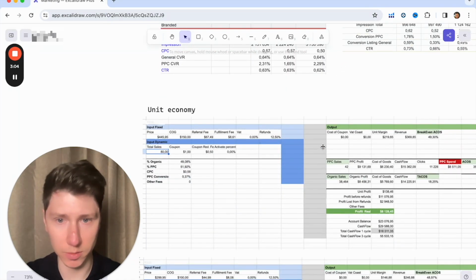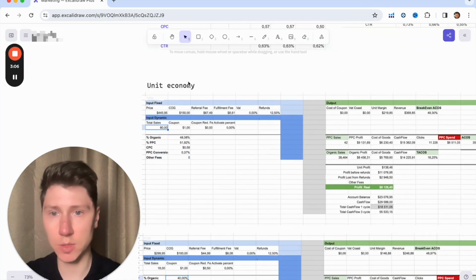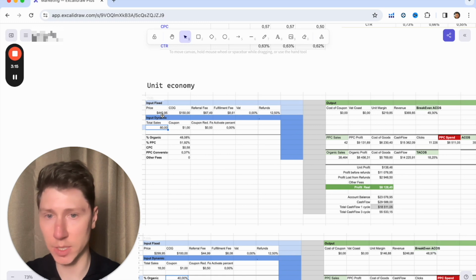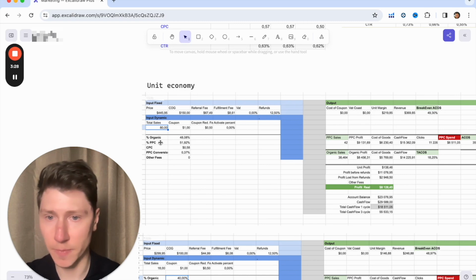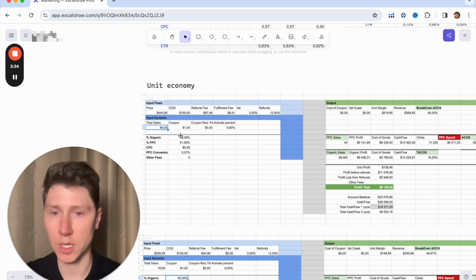So let's move on. The next step that we did was the unit economics calculation. On the left, we put everything: the price, you see it's $445, cost of goods is $150, referral fee $67, and so on. VAT is not present, so it's 0, and refunds, how many people refund the product. And then percent of organic sales and percent of PPC sales, cost per click, PPC conversion rate, and so on.